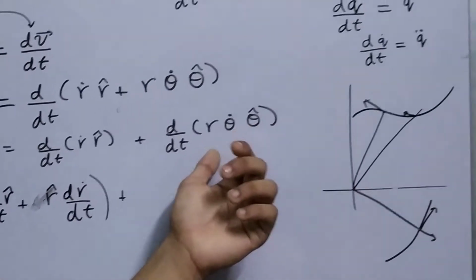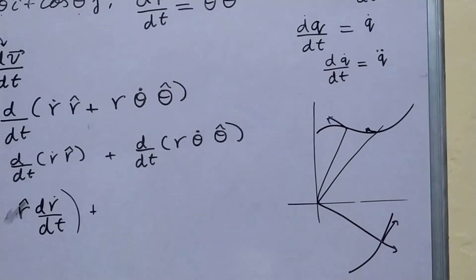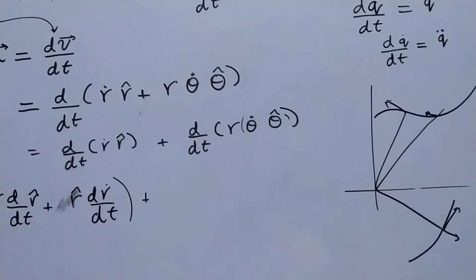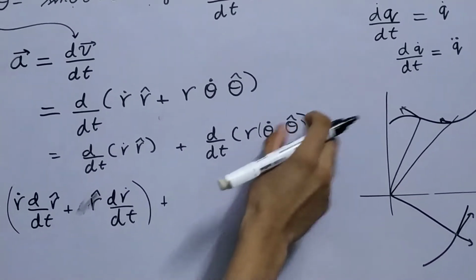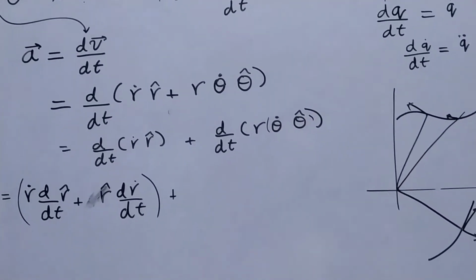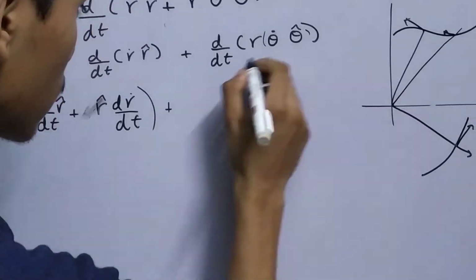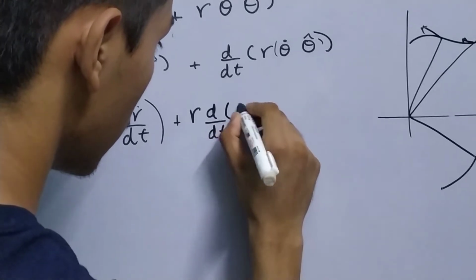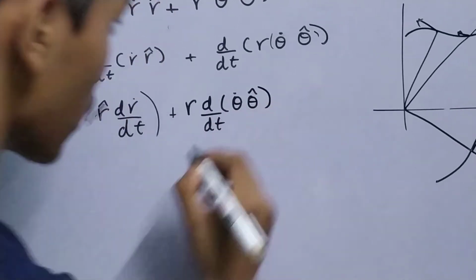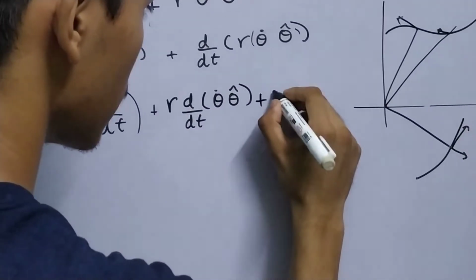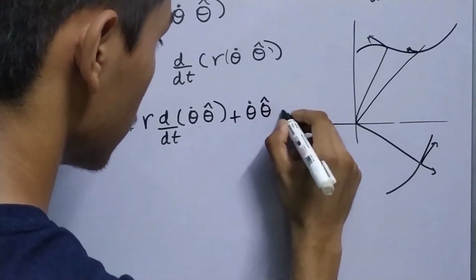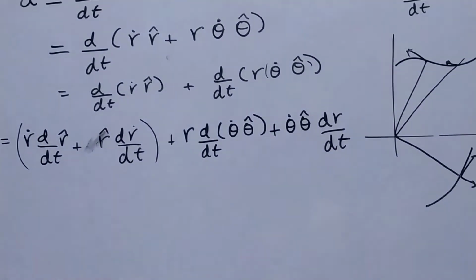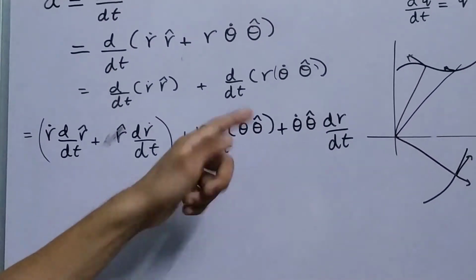We have three functions of t, so what I'll be doing is collecting two of them, treating them as one function, and then I'll expand it later on. So r d by dt of theta dot theta cap, plus theta dot theta cap dr by dt, and as I said, I will expand this later on.